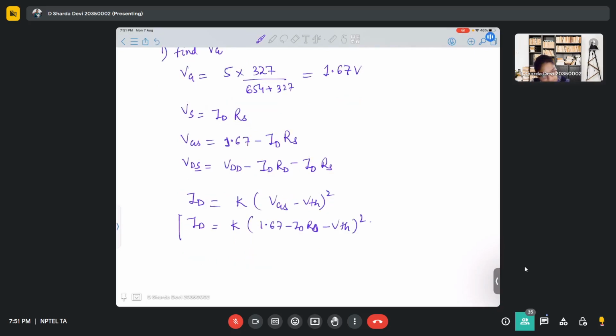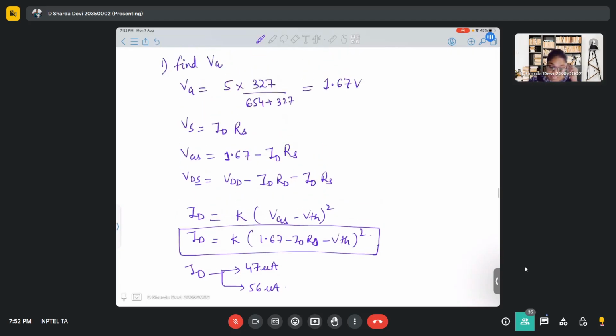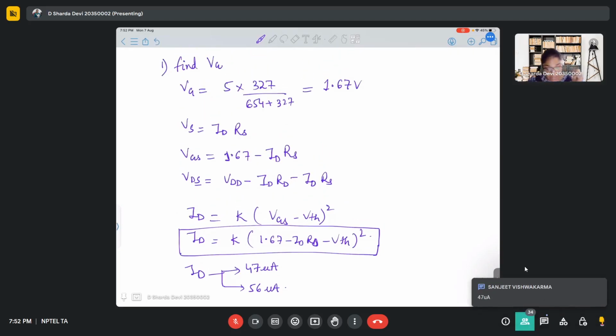So we have to solve this quadratic equation again to find the value of ID. Still, we'll get two values, one is 47 microamperes and the other is 56 microamperes. With these two values, we have to see which one actually satisfies our condition. So yes, it is 47 microamperes.